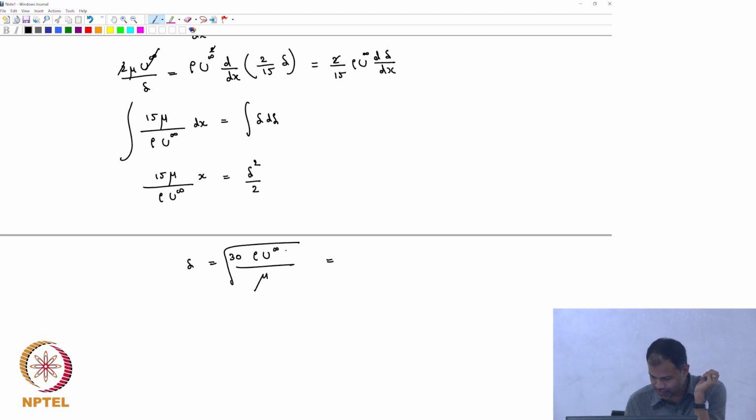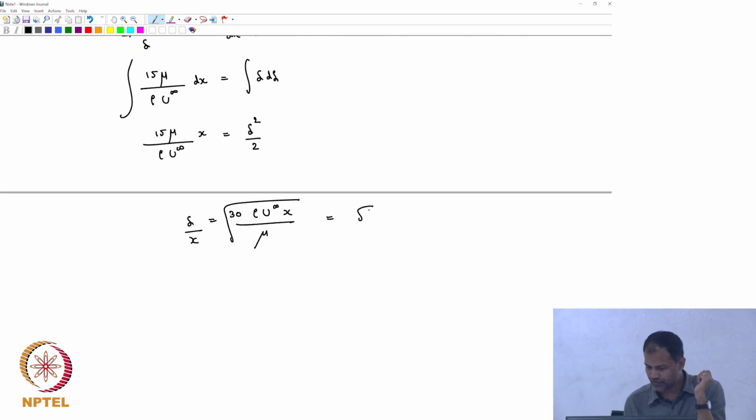Yeah. Okay. This x is downstairs, right? So I should be basically doing that. Then I'm okay. And therefore I basically have root of 30 times Re x.